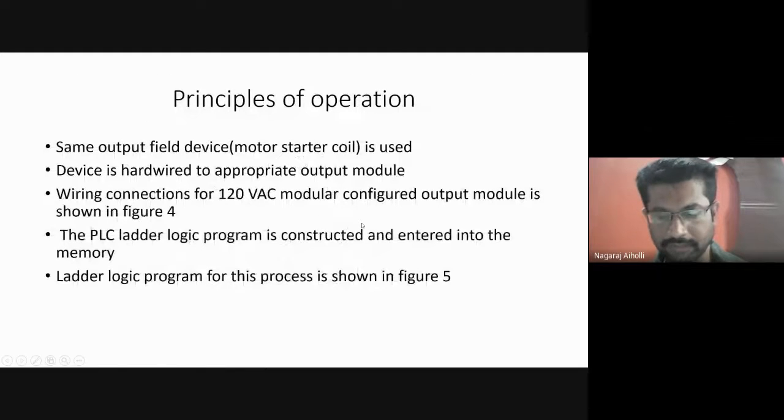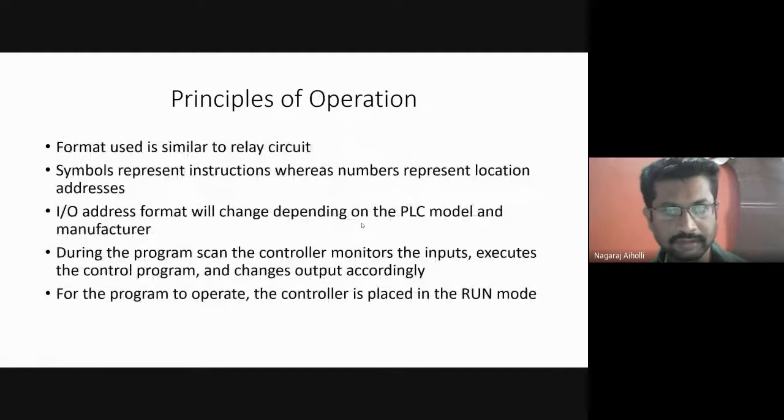Later on we were discussing the scan process, what happens. That we are also discussing in detail, which I'm going to take up in the next class. What is meant by program scan, we just defined it a little bit. The definition of program scan is that we sense the inputs. After sensing, the input status is stored in the memory and processed.